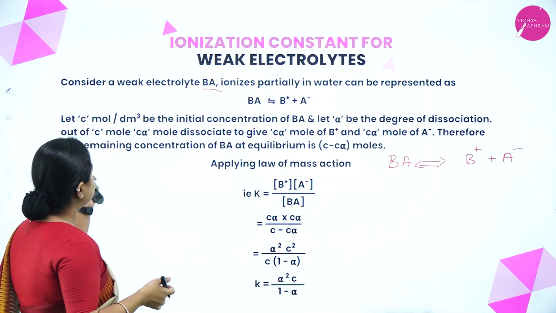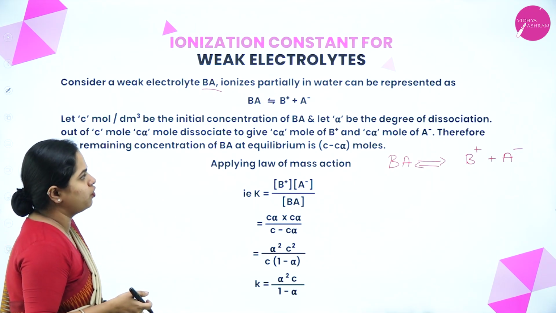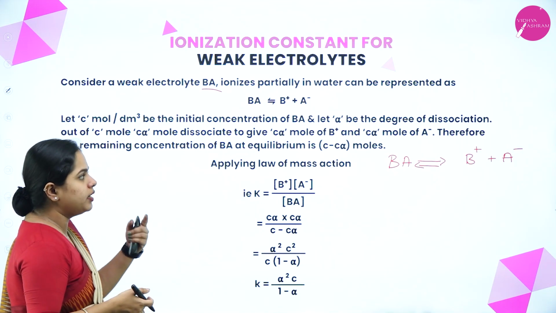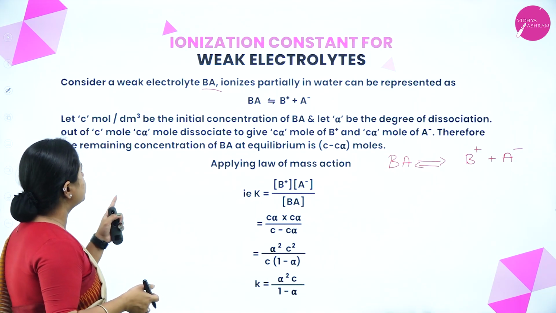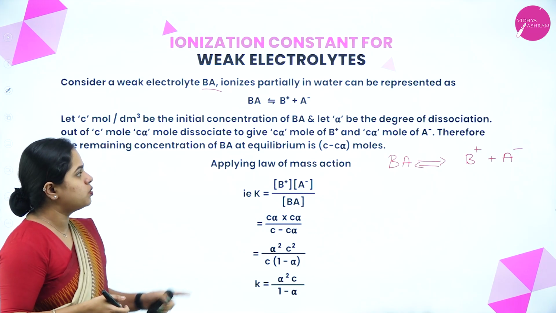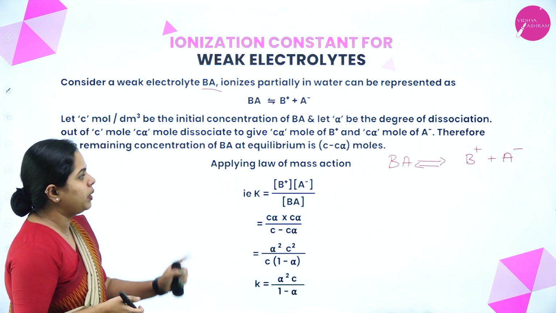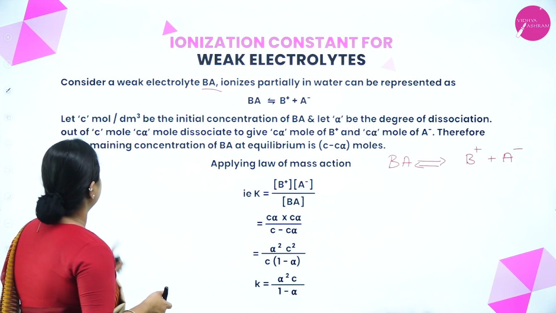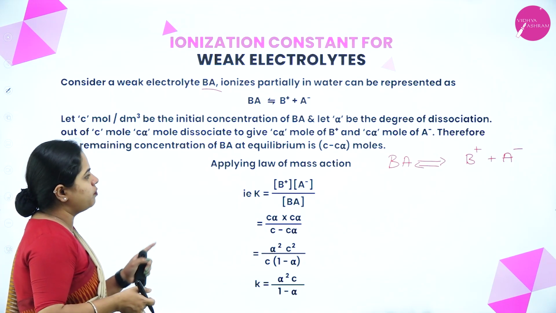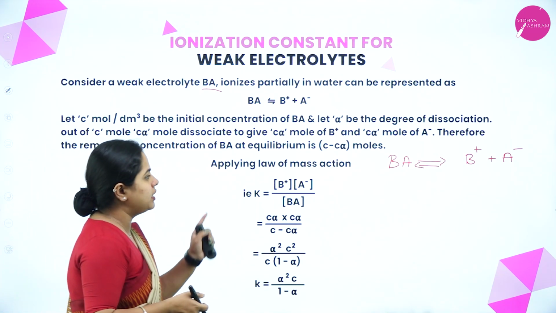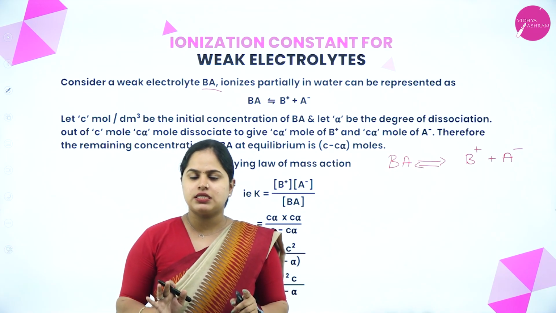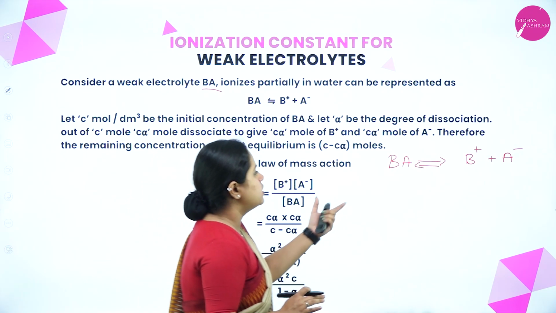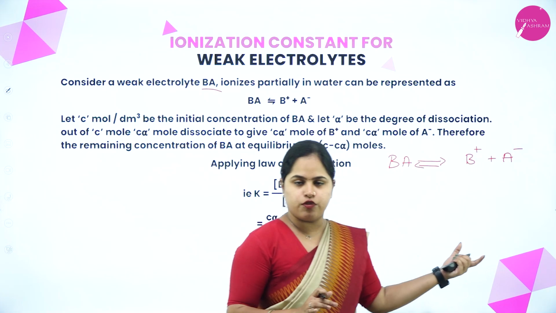So, there exists an ionic equilibrium between them, right? Okay. Now, let C be the initial concentration of BA, and let alpha be the degree of dissociation, and out of C mole, C alpha mole dissociate to give C alpha mole of B plus and C alpha mole of A minus. Therefore, the remaining concentration of BA at equilibrium is C minus C alpha moles. So, what does this sentence say? Let us understand this. So, I hope this equilibrium is clear for you.